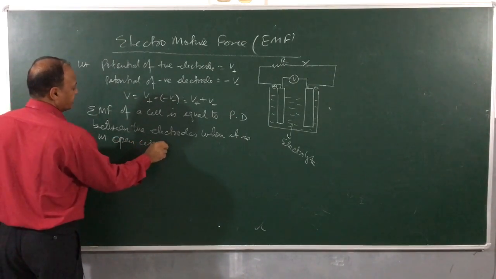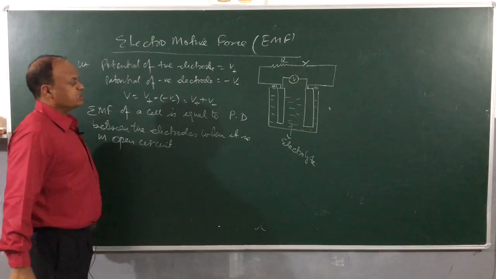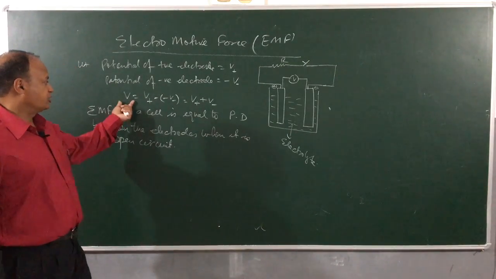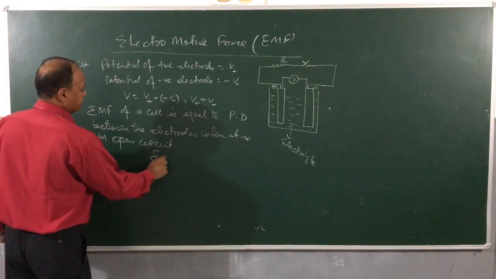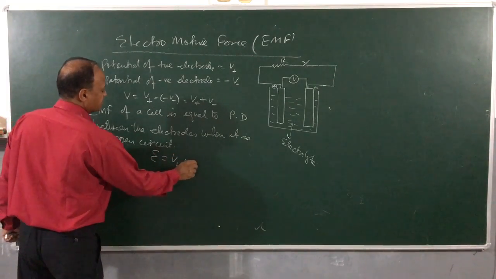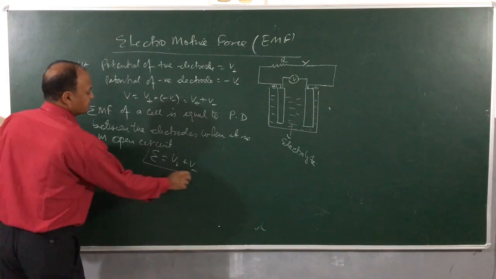Open circuit meaning, children, when no current is being drawn, and that is how much here? V plus plus V minus. So, we can say EMF is denoted by E is V plus plus V minus. This is EMF.